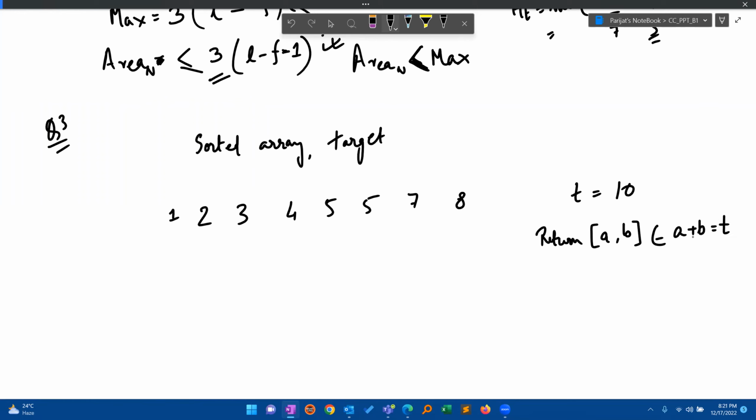And if there are multiple possible combinations, you return only one, either one. Okay. So how do you solve it? This should be a very, very simple problem to solve now. How do you solve it optimally?